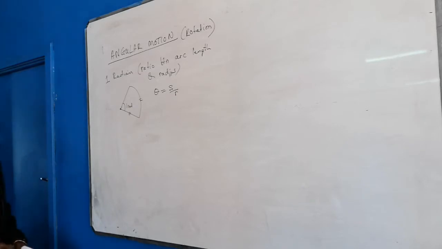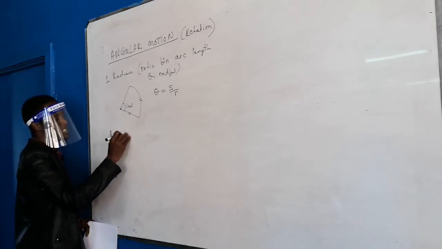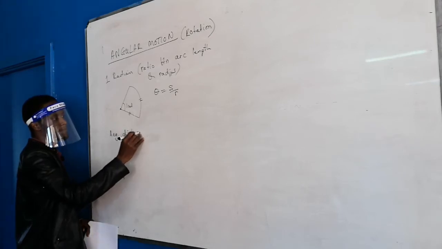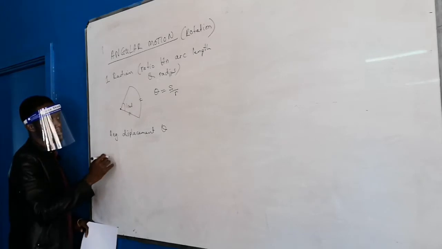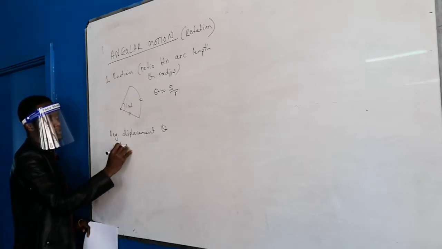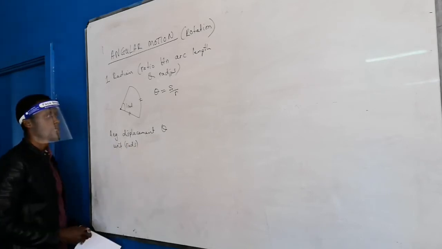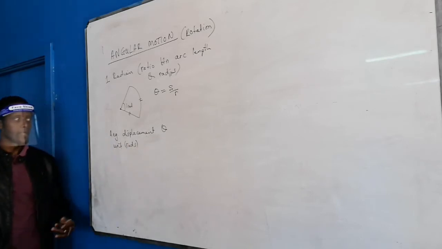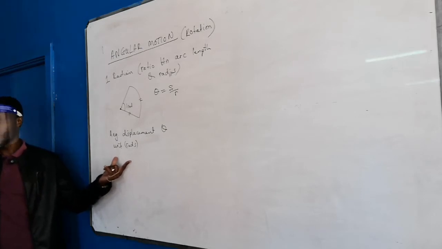Then we went on to describe this angular displacement, which is in radians. The unit for angular displacement should be in radians. It is the angle. It can be in degrees, but we prefer to use radians.